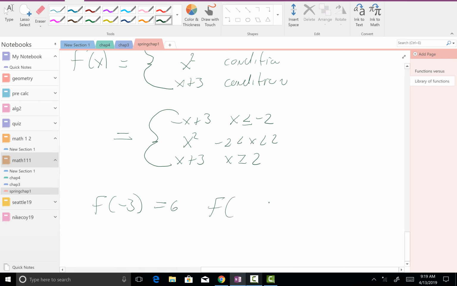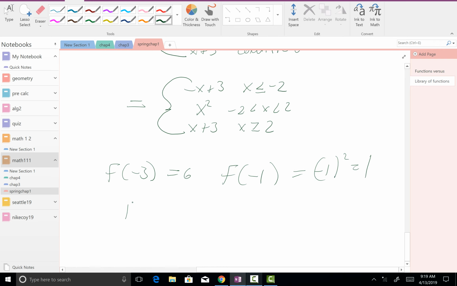Okay, so let's look at this. F of, now let's go with -1. All right, so then I look at the condition. All right, well, which condition does this one meet? Little one. Okay, so then I follow that function, that piece. So this would be -1 squared, which is 1. All right, then let's take a look at f of 1.